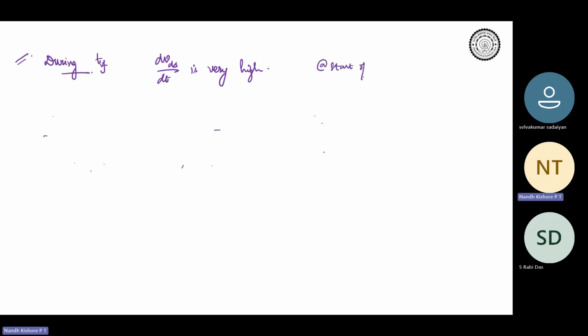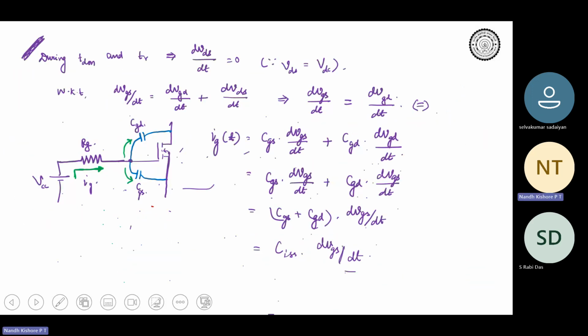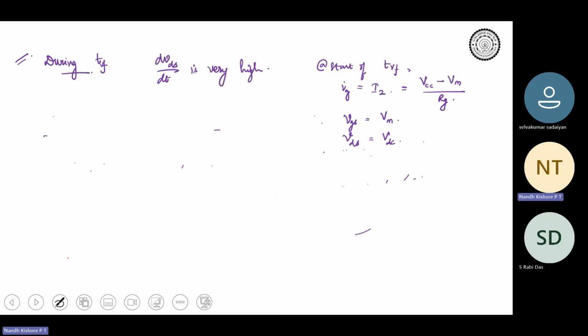Your Ig was equal to I2. What is I2? VCG minus Vm by Rg. And your VGS was equal to Vm, and your VDS was equal to VDC. Now we will go back to the diagram that we drew over here. So let me redraw this.